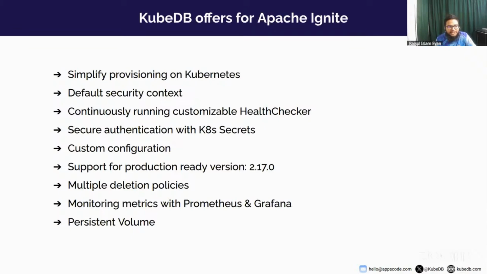It provides custom configuration, so you can start the Ignite database using the provided configuration. It is supporting Ignite version 2.17.0. It supports multiple deletion policies for Ignite database like halt, do not terminate, delete, and wipeout. It supports monitoring for the database using Prometheus and Grafana. It has persistent volume also.